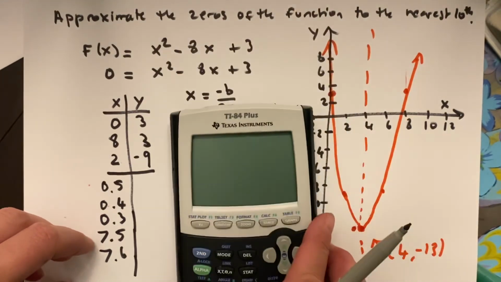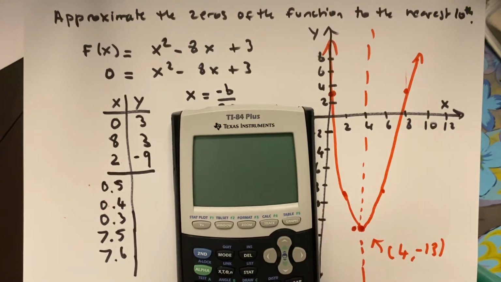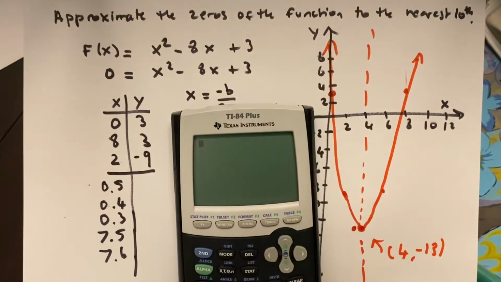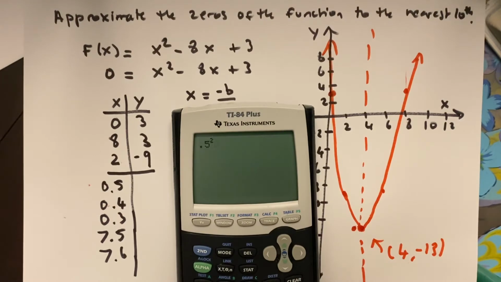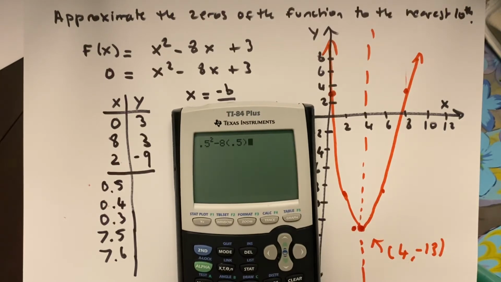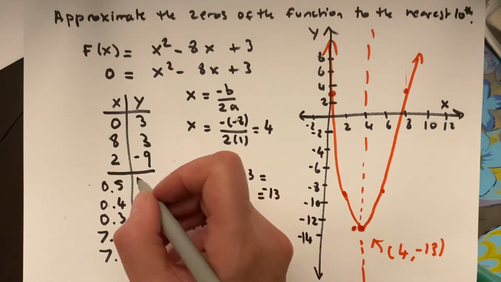I'm going to use this equation right here. And I have 0.5 squared minus 8 times 0.5 plus 3. And I have negative 0.75.